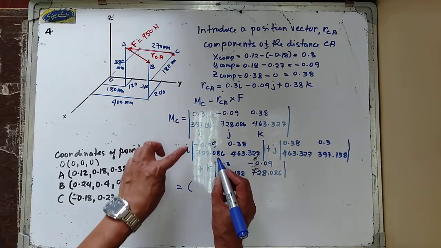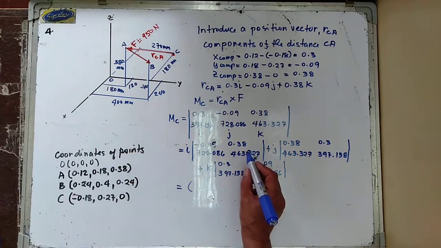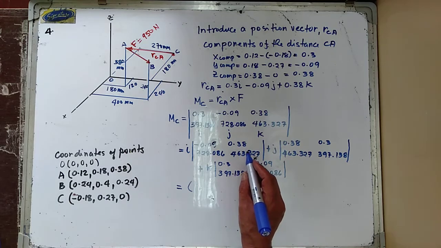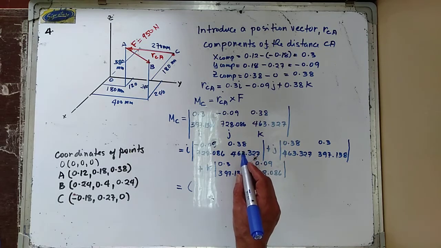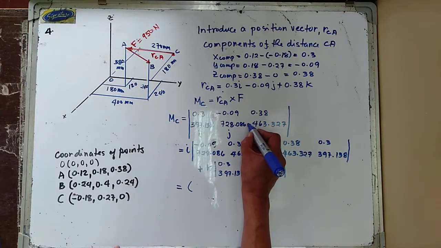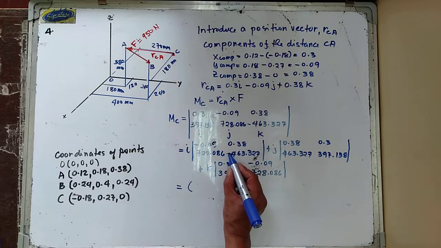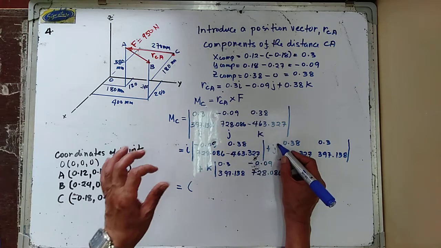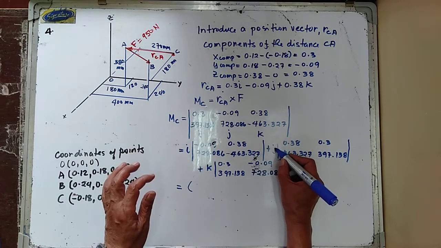Okay. Minus 0.09 by negative 463 is negative.